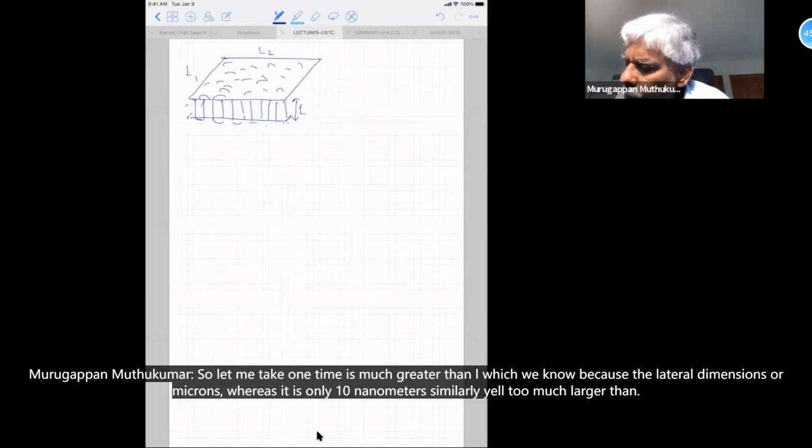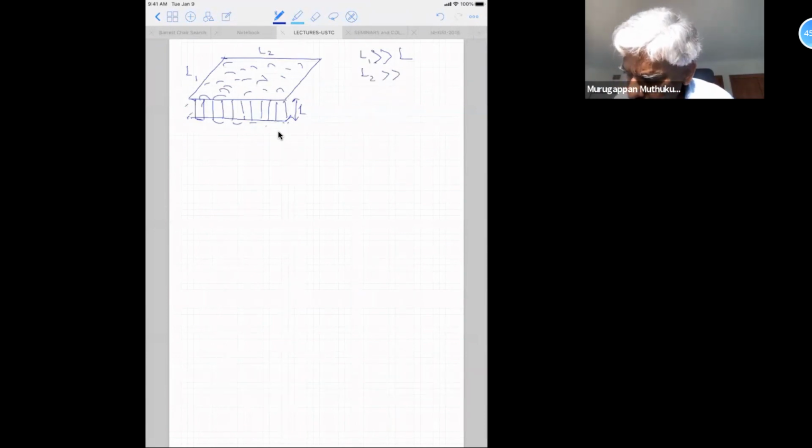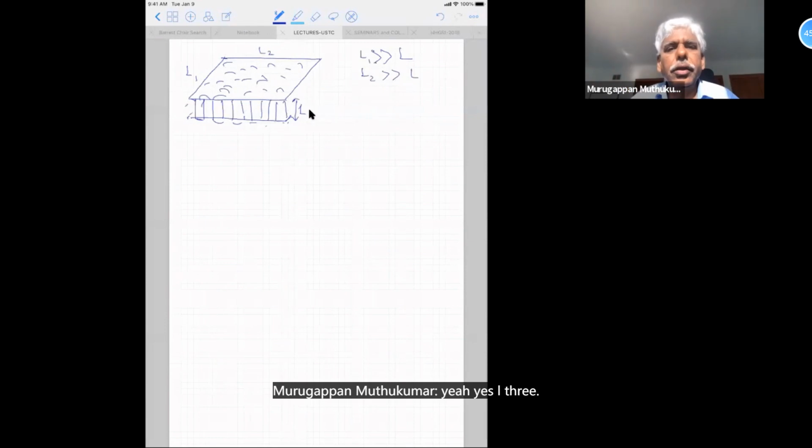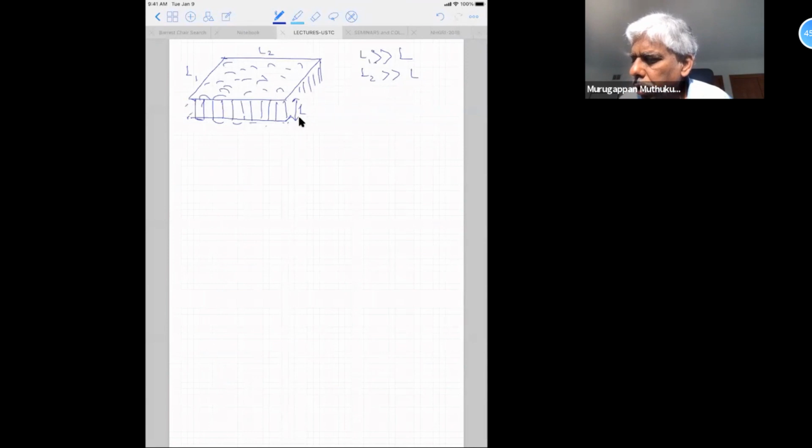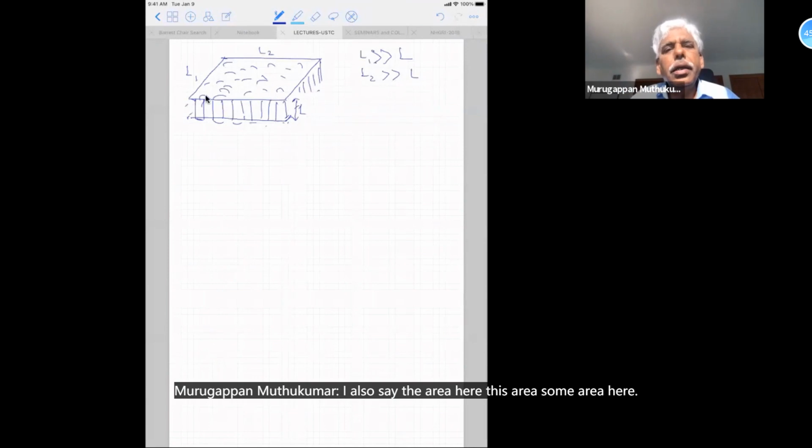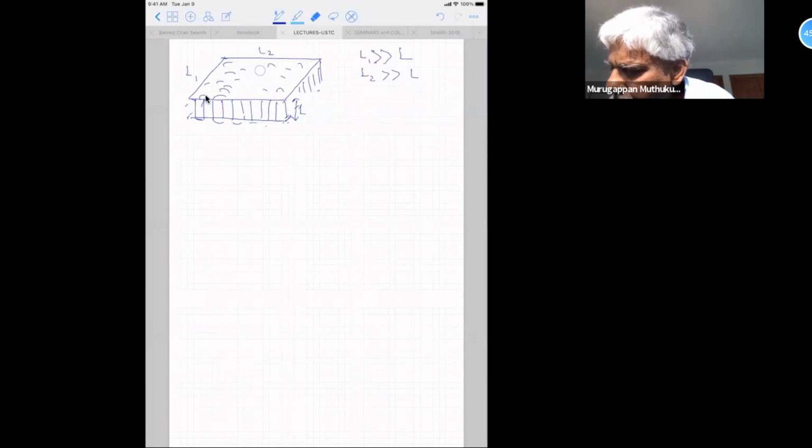So let me take L1 to be much greater than L, which we know because the lateral dimensions are microns, whereas this is only 10 nanometers. Similarly, L2 is much larger than L. And I also say there is some area here, the surface area, the fold surface area.